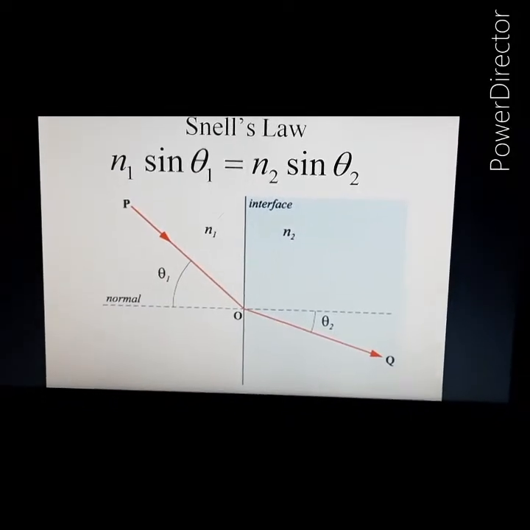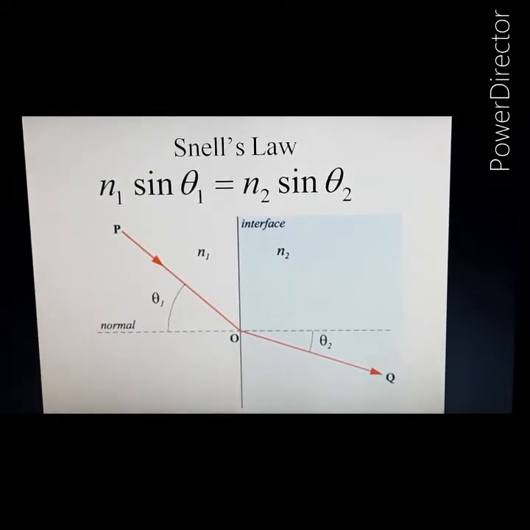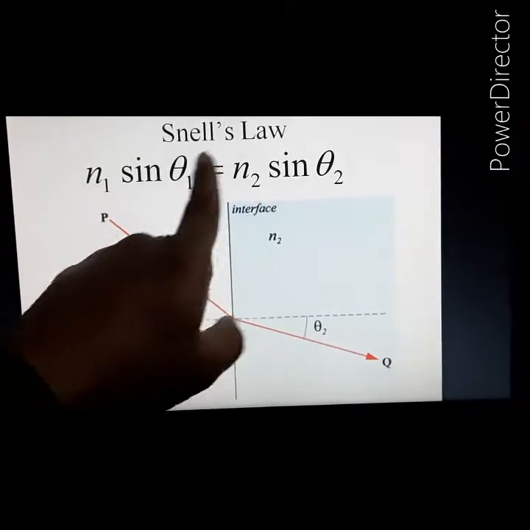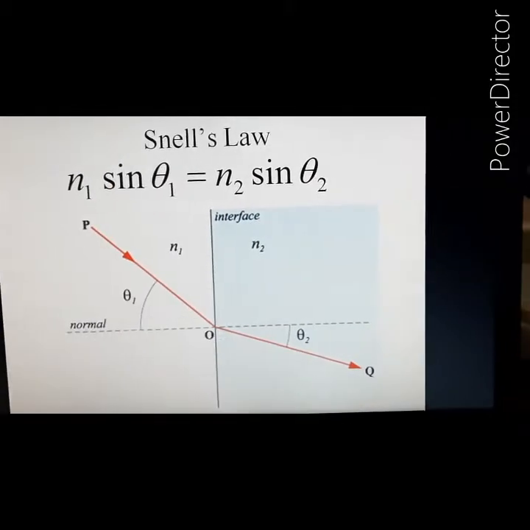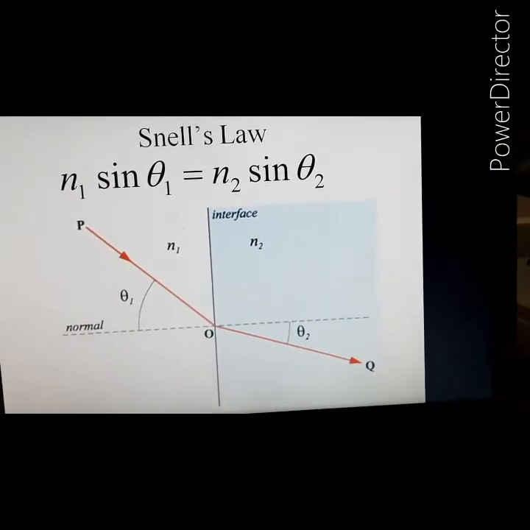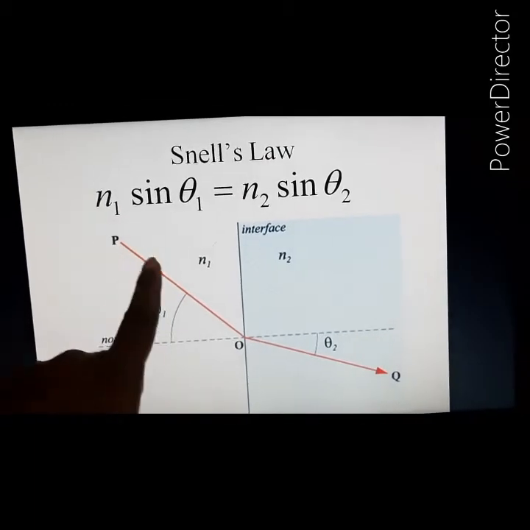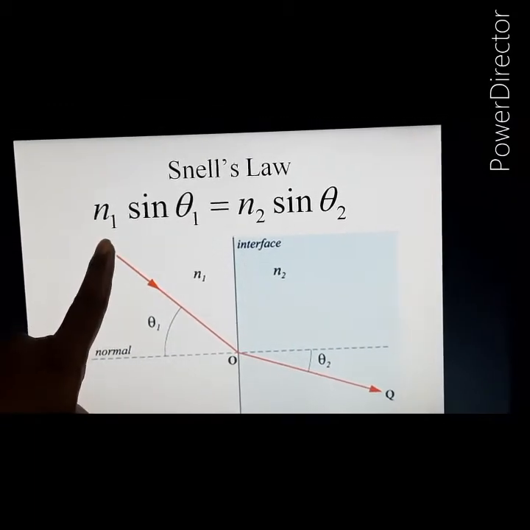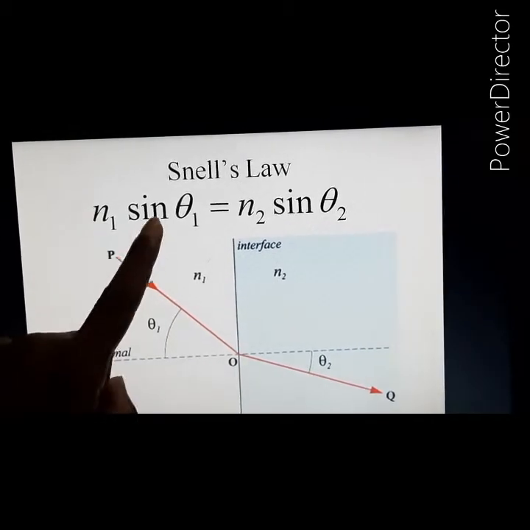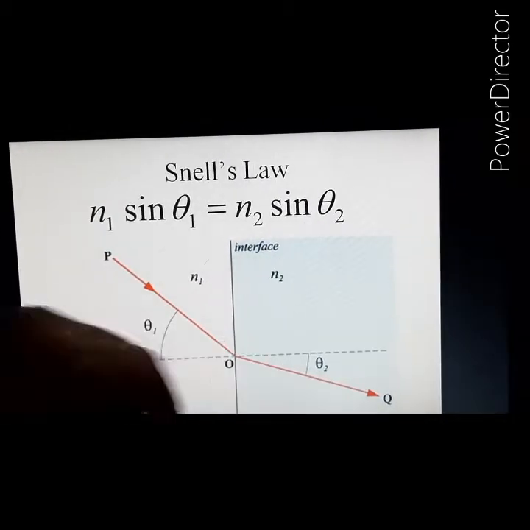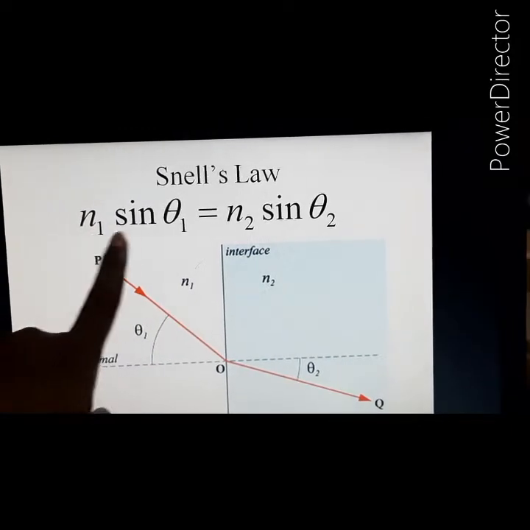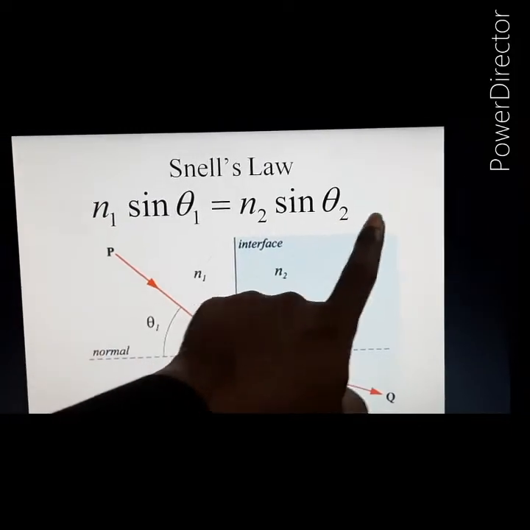From this refractive index, as we discussed in a live class before, the second law of refraction also gives us Snell's law. When a light ray passes from medium 1 to medium 2, Snell's law is n1 by n2 equal to sin theta 2 by sin theta 1, which can also be written as n1 sin theta 1 equal to n2 sin theta 2.